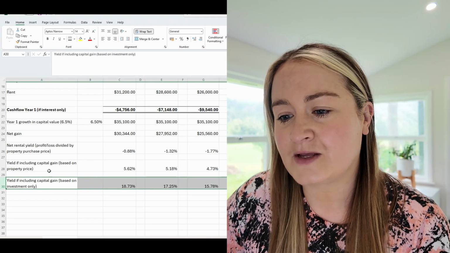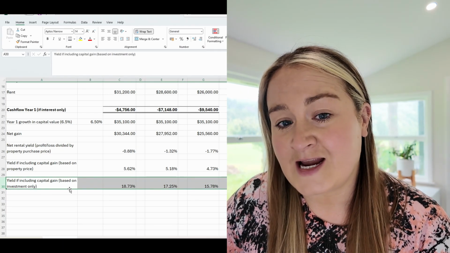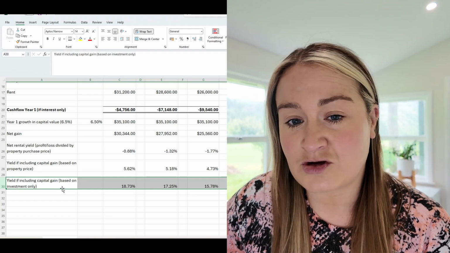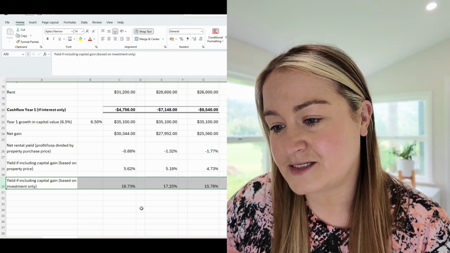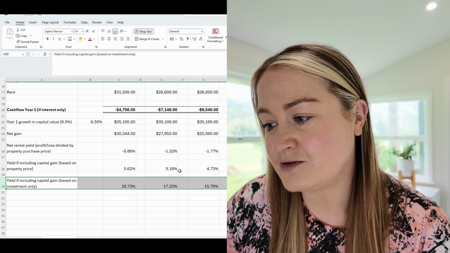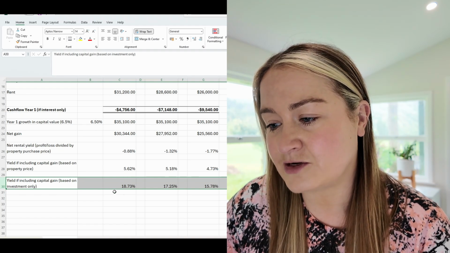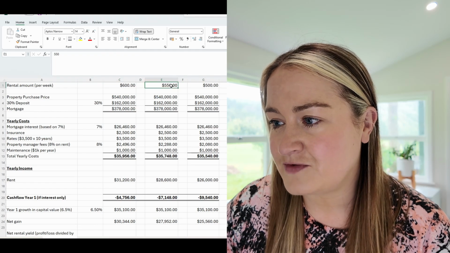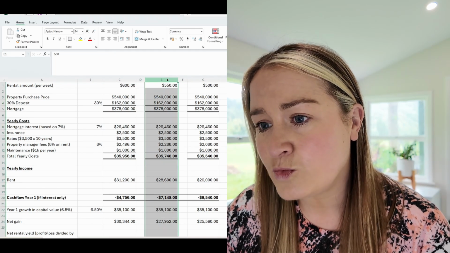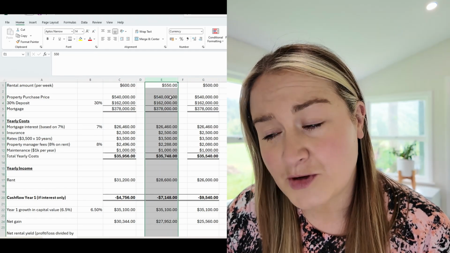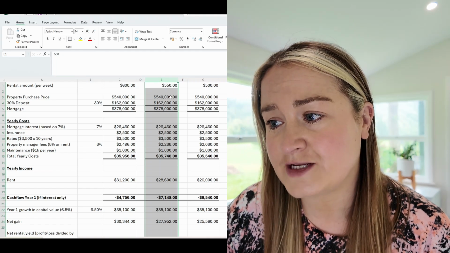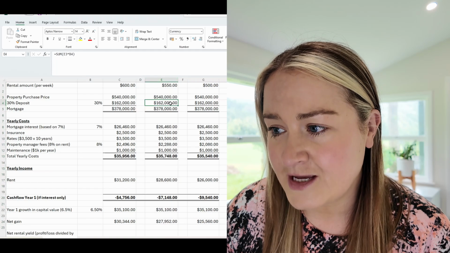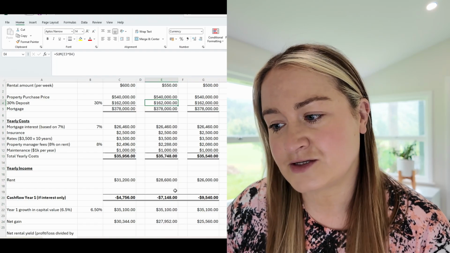So if we look at it in real terms, which I think is actually this yield figure here, which includes the capital gain, it's based on the amount that we have invested only, not based on the purchase price of the property. This figure here is the real yield of that property. So if we get $550 rent a week, I've purchased the property for $540,000, but I've only put in 30% of my own money, $162,000.